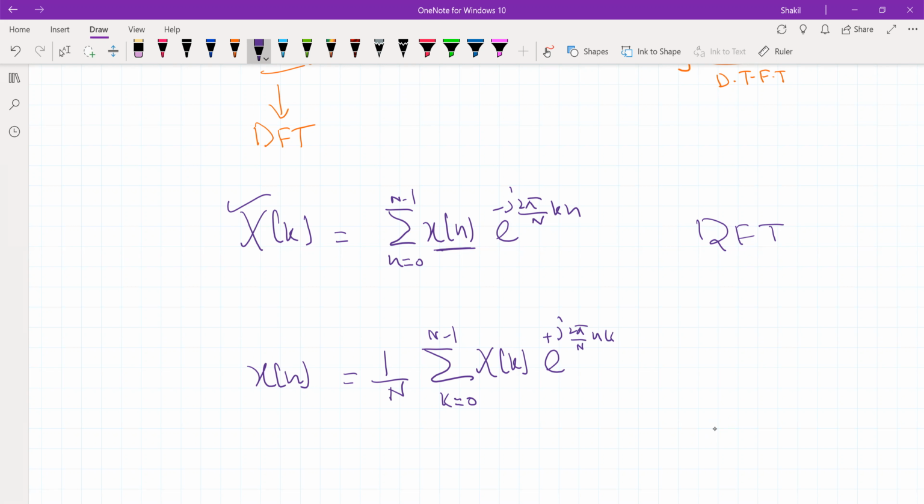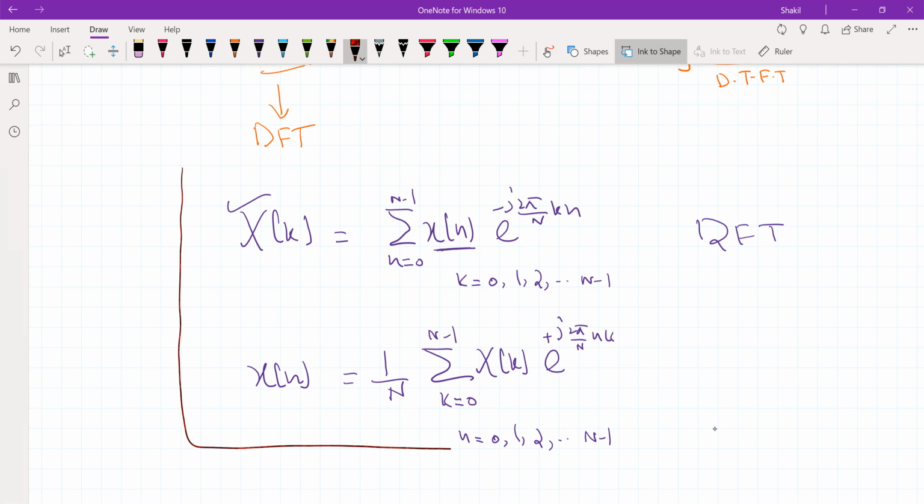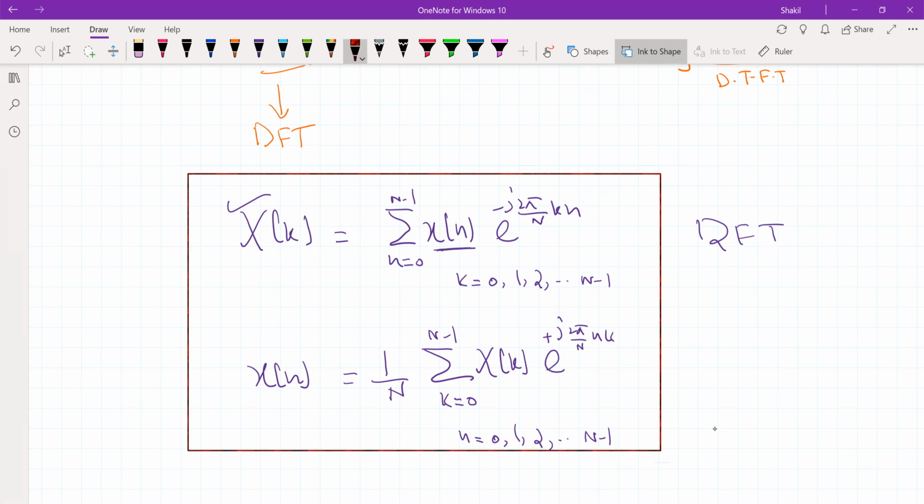Here k runs from 0, 1, 2, and so on up to N minus 1, and n will be equal to 0, 1, 2, up to N minus 1. These are the expressions of the discrete Fourier transform and the inverse discrete Fourier transform.